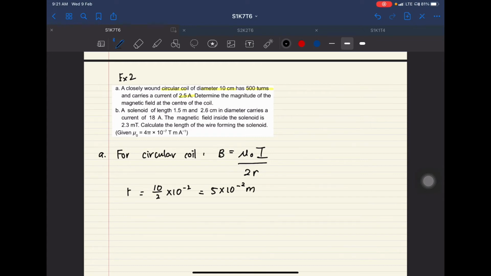Turns is n. Okay, but you can see that from the formula that I use, there's no n because that one is for single circular coil. Okay, so for n loops, this one becomes B n, just multiply by n.